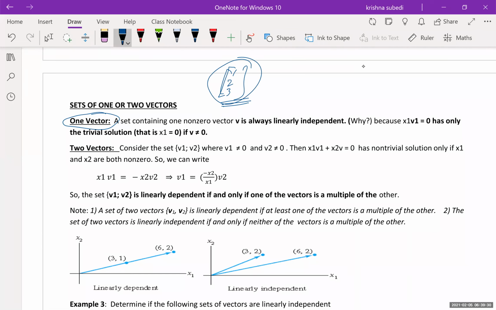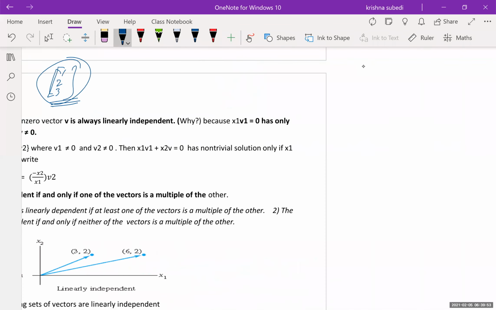There is no other vector that depends on that. If there are two vectors, then if they are multiples of each other, they are linearly dependent. If they are not multiples of each other, they are linearly independent. Let me show you one example.